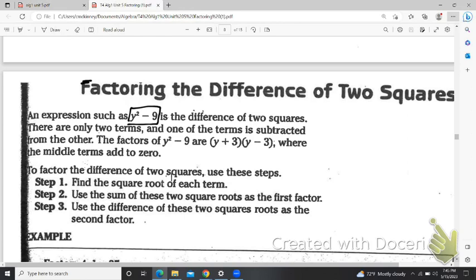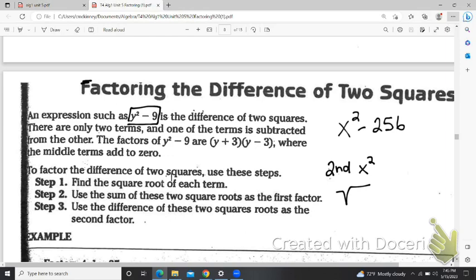Square root, if you don't know, for instance, if I had x squared subtract 256, and I don't know what number times itself is 256, and it's too big for your factor sheet, then on your classroom calculator, if you use second and then x squared, those are the keystrokes to get the square root.